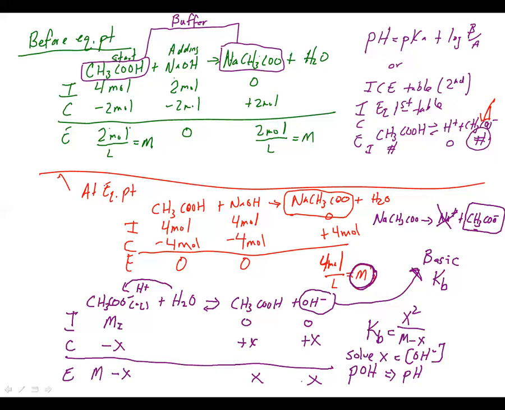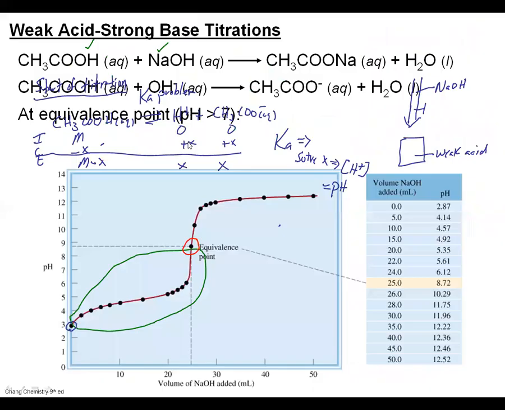Looking back at our table, our titration curve, the equivalence point is always going to be basic, like we see in this example. Theirs was 8.72.